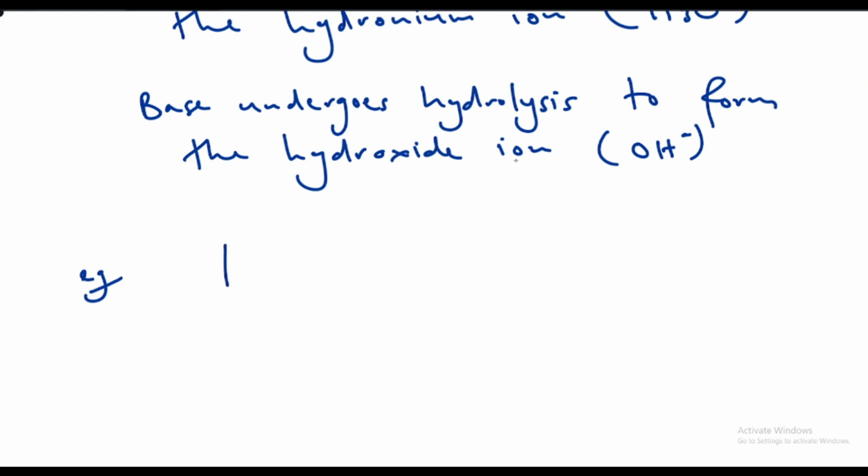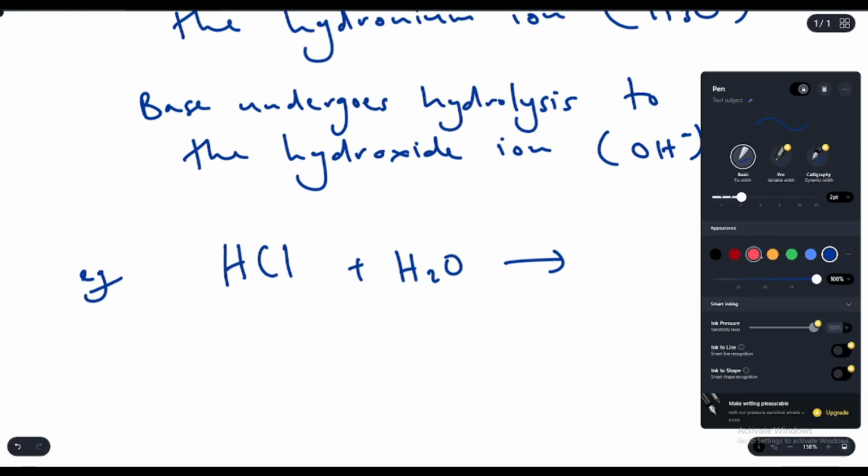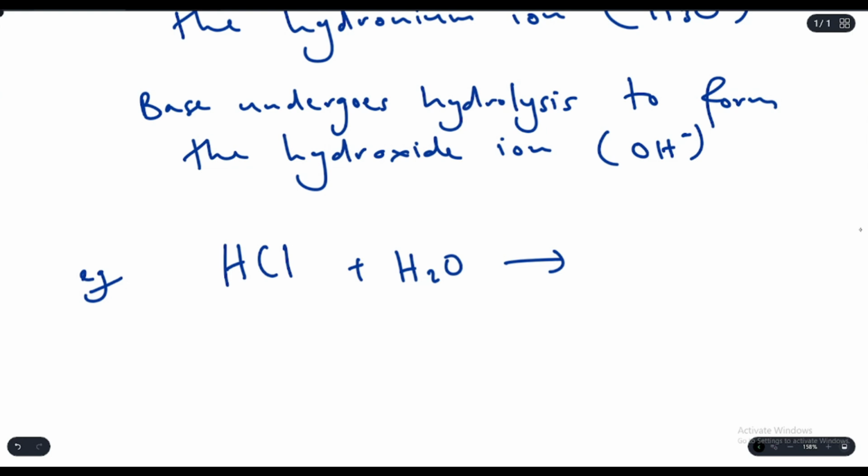So let's look at an example of hydrolysis of an acid. Let's say we have HCl plus H2O. What's going to happen here is the hydrogen ion from HCl will be donated to the base. In this case, it's going to be H2O that acts as a base. We will deal with some concepts and some terms later on where we understand what H2O is.